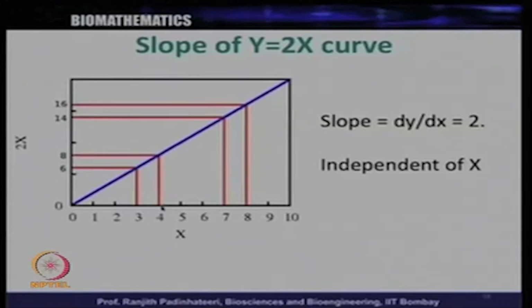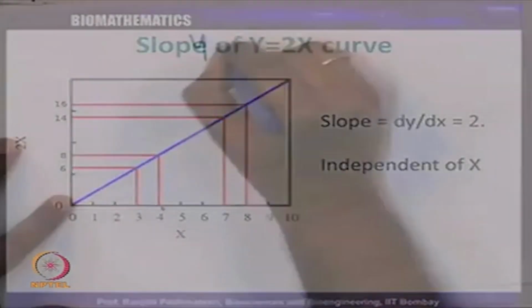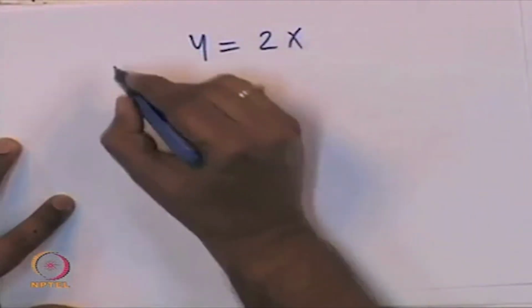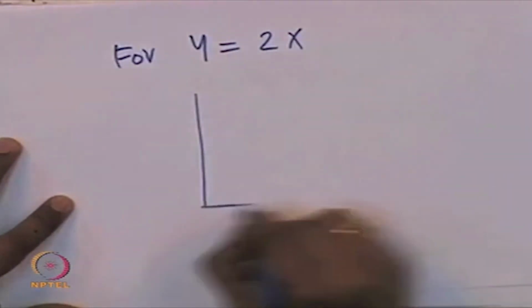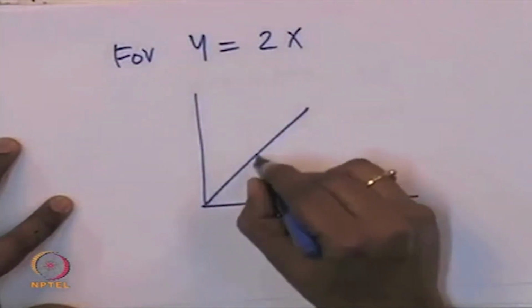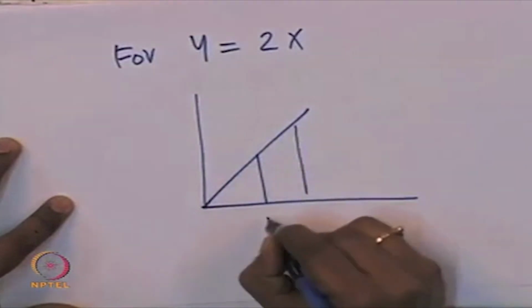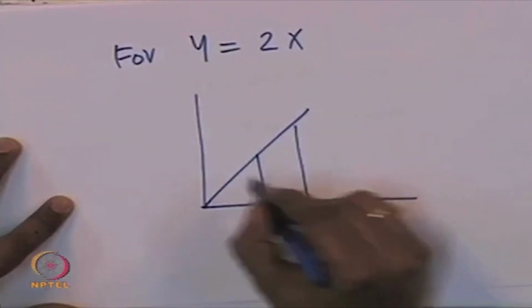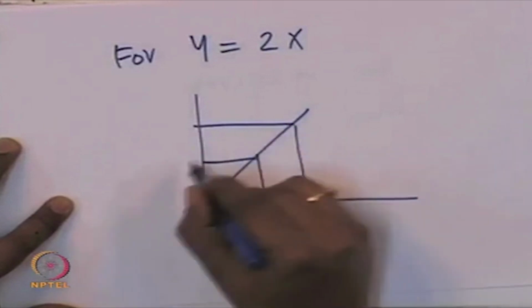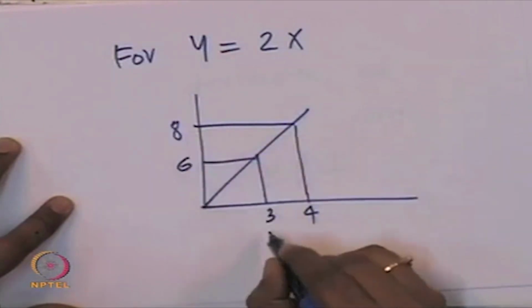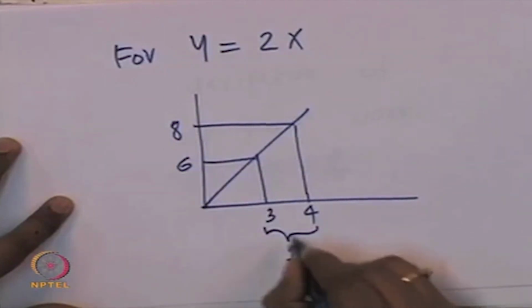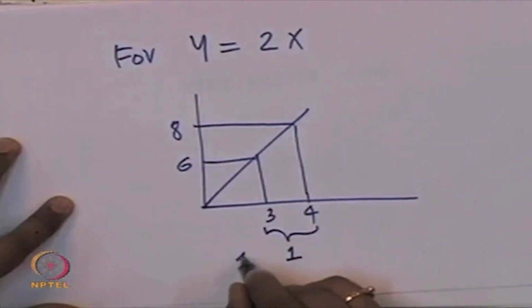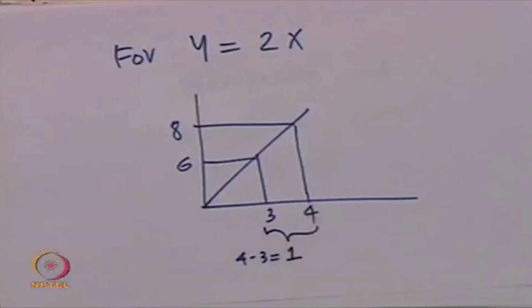So, let us understand this. For y equal to 2x, if you plot, this is 3 and 4 and the corresponding values are 6 and 8. This quantity is 1, the difference 4 minus 3 equal to 1.